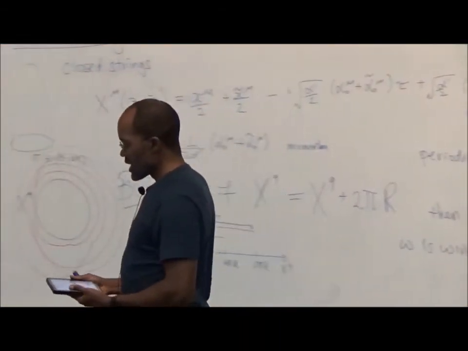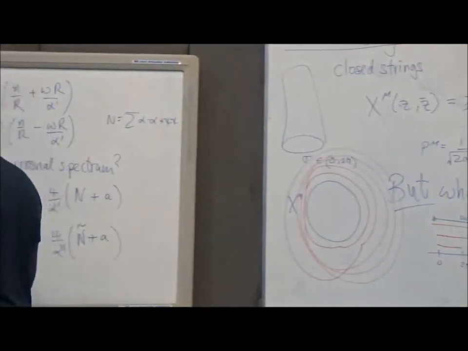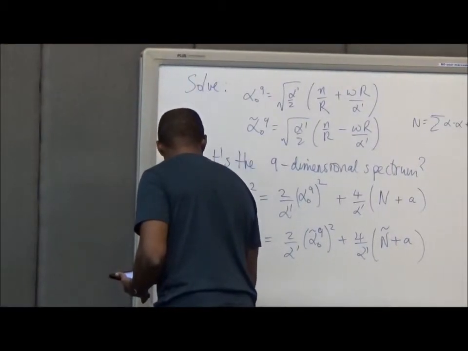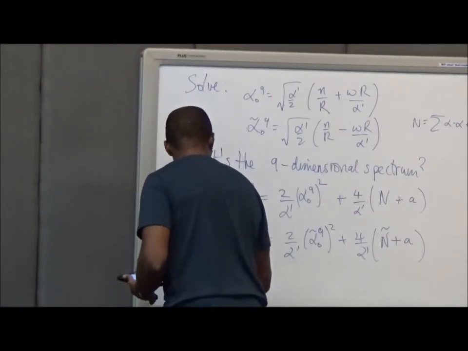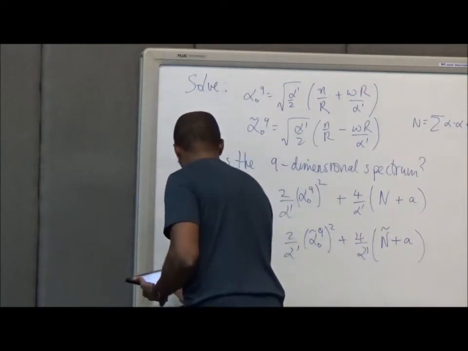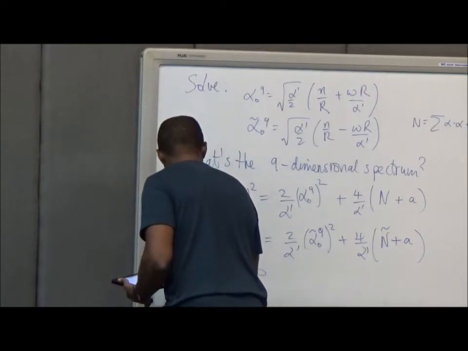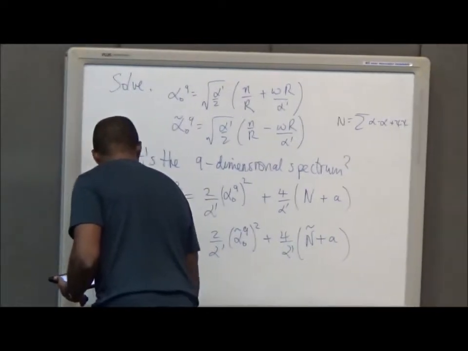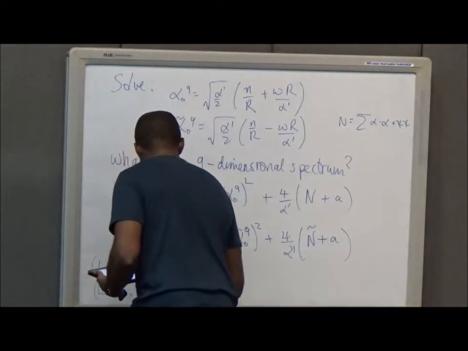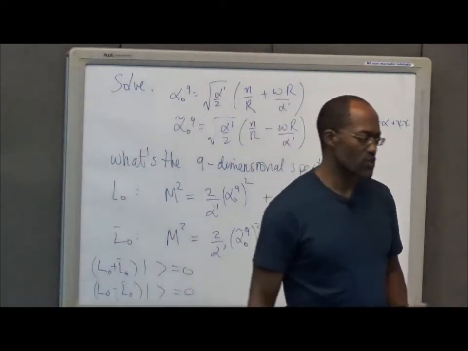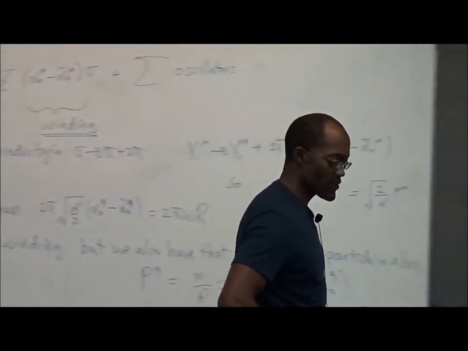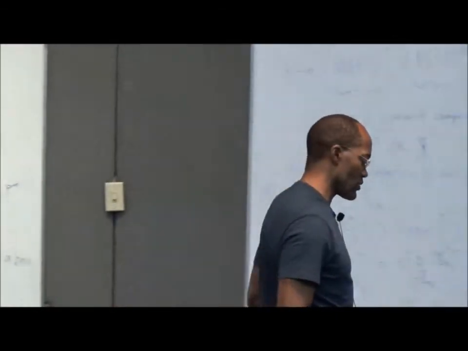Okay, so there's the condition, and then, as I said before, I have the sum and the difference. Actually, I talked about the sum. I maybe didn't talk about the difference. The sum L0 plus L0 bar is indeed the full mass shell condition.